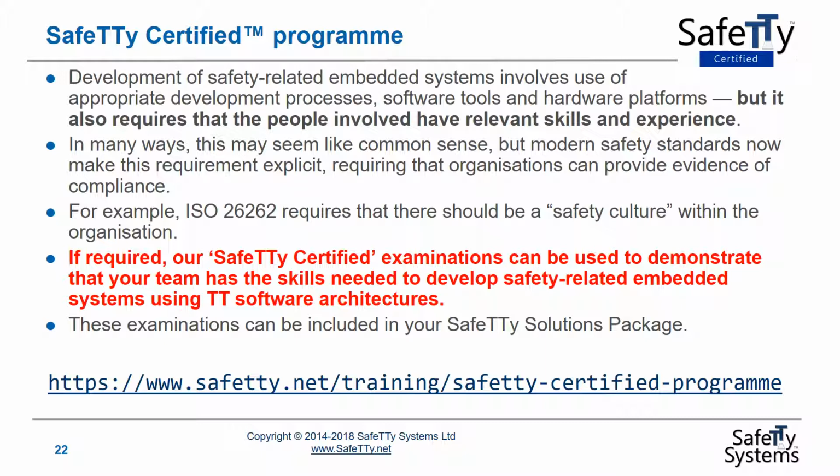So for example, influential automotive safety standard ISO 26262 requires that there should be a safety culture within the organization. And organizations that are seeking to develop systems in compliance with ISO 26262 need to provide evidence that they have such a safety culture.